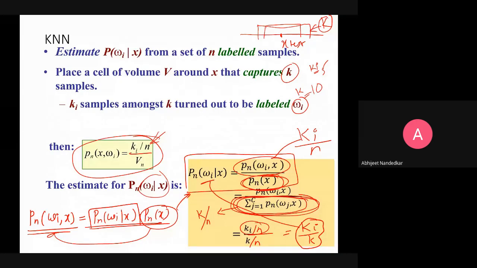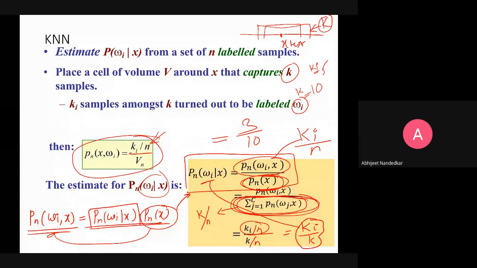So doing ki by k gives me the posterior directly. The meaning is that when you capture, say, k equal to 10 samples, and out of that suppose 3 belong to omega 1, then 3 by 10.